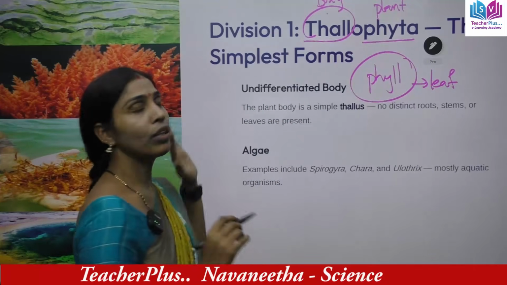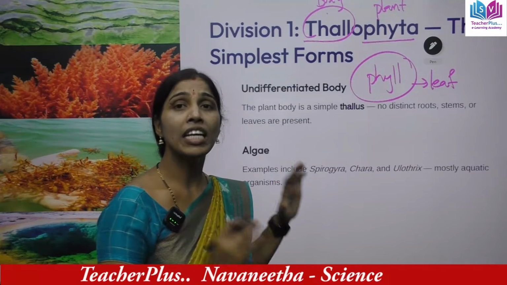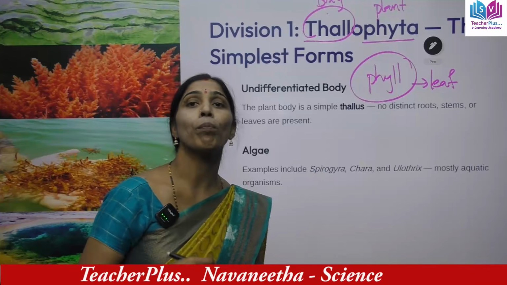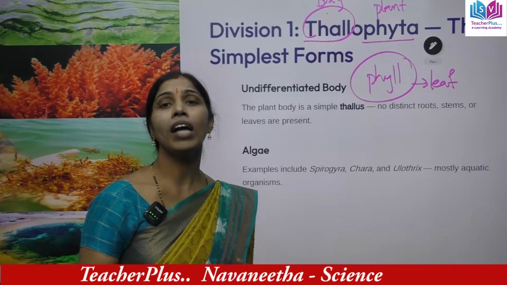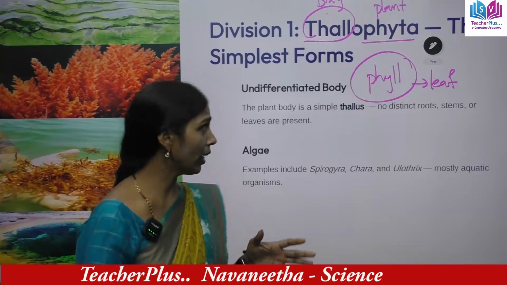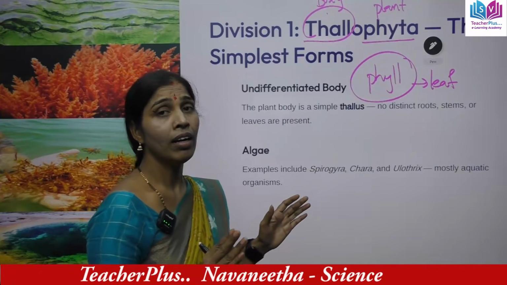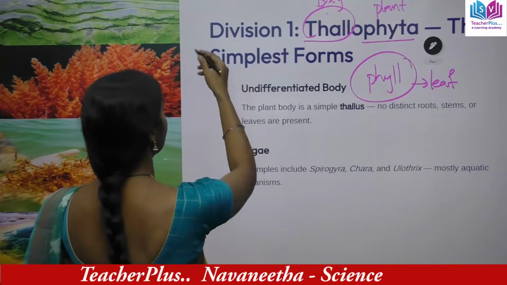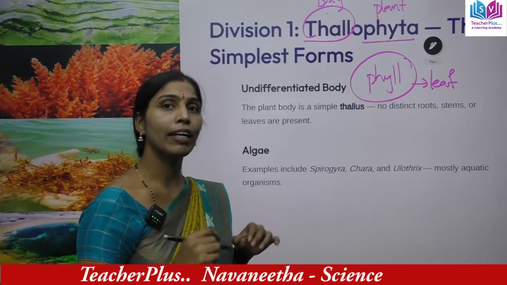So coming to thallophyta, these plants do not have a proper body structure. We cannot differentiate root, stem and leaves. Examples are algae and fungi.